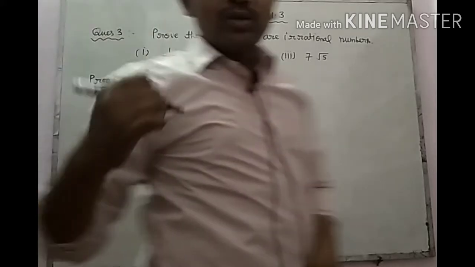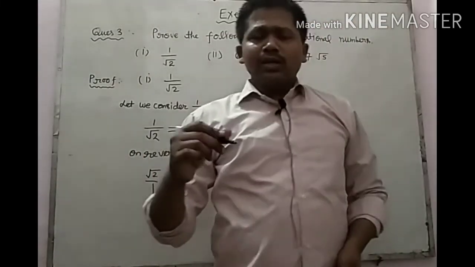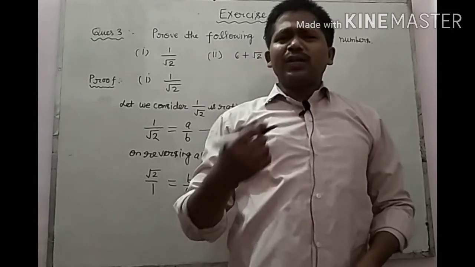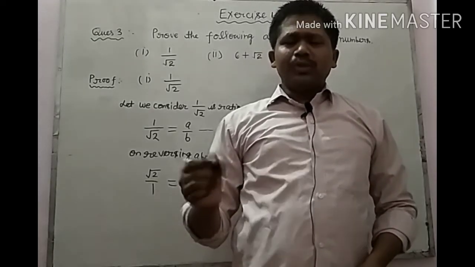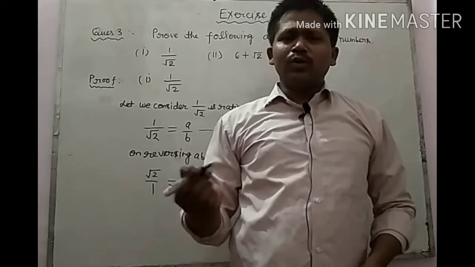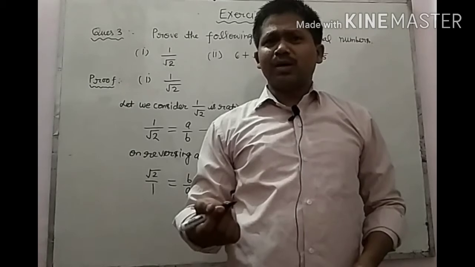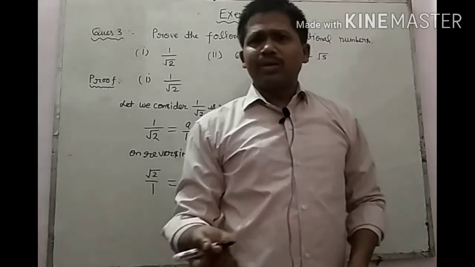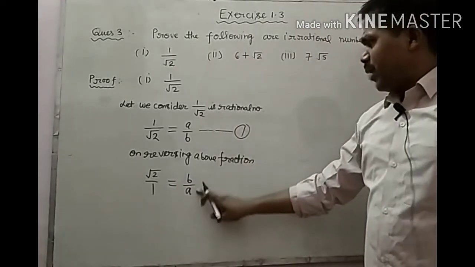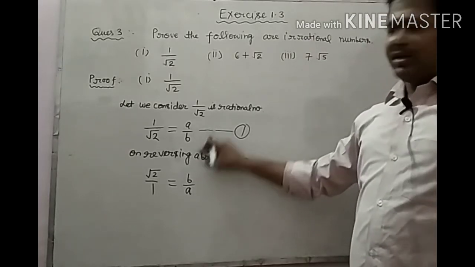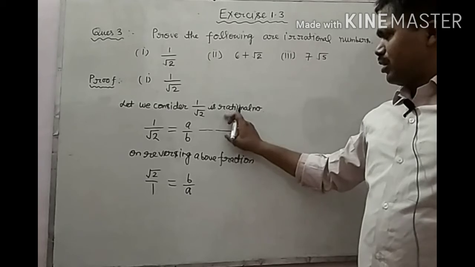Now students, we know that the inverse of any fraction in the form of numerator and denominator, that is a rational number, is a rational number. Here b by a is the inverse of a by b, and a by b is a rational number.